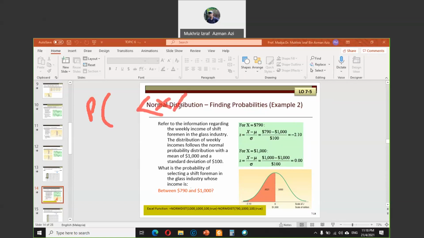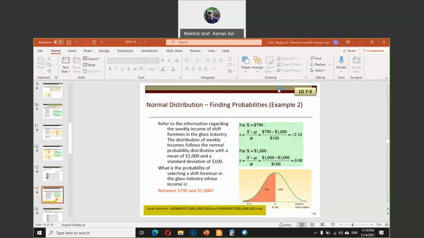If you are calculating between two values, it will be X, the lower and the upper value, and then you convert those values into Z values. For example, this one, negative 2.1, but you get the idea.